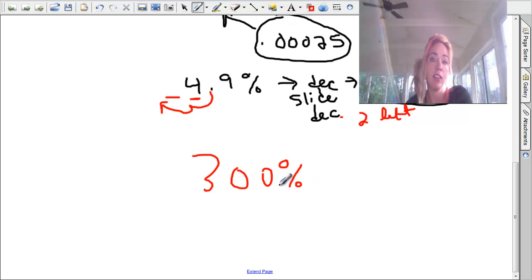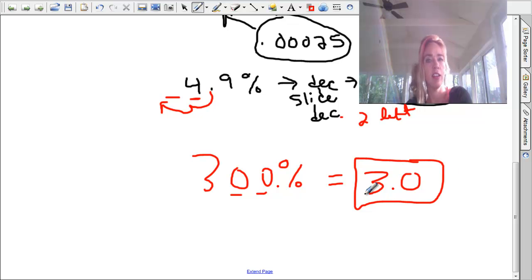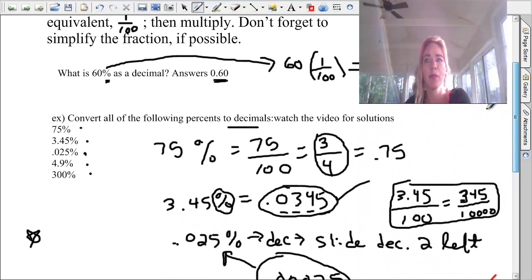Well, you know, the decimal's really back there, right? So if I slide it 2 to the left, I'm just going to end up with 3.0. And that's exactly right, because 1 represents 100%, 2 represents 200%, and 3, or 3.0, represents 300%. So that makes sense. All right, hope that helps.